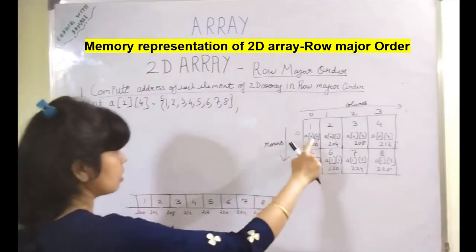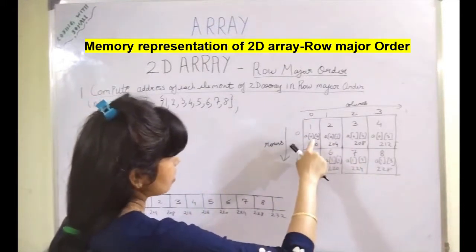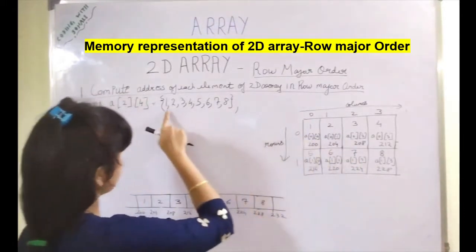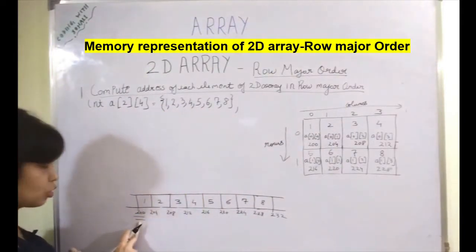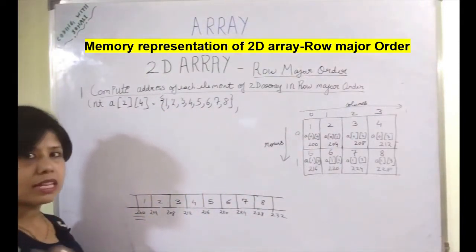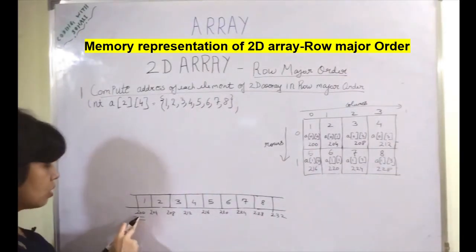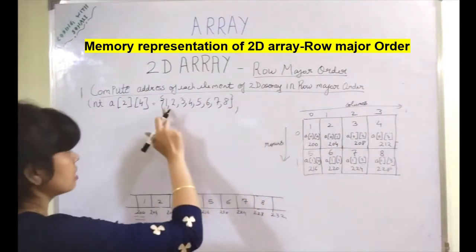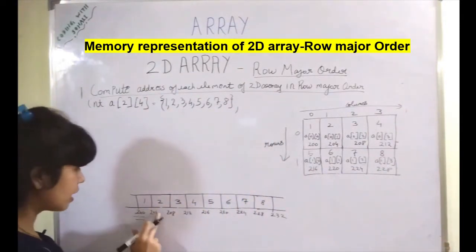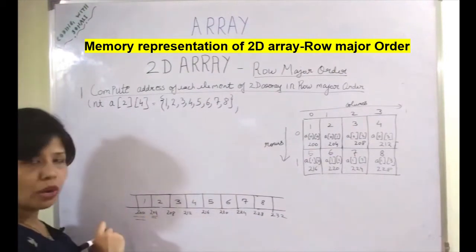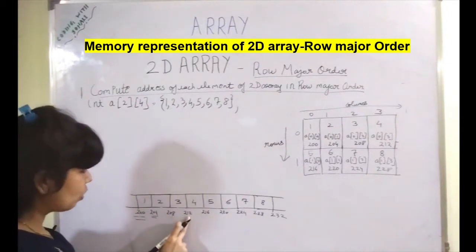This zeroth element of the 2D array, which comes first, is present at the memory address 200. Normally the address is represented in hexadecimal form, but for simplicity I am giving this value. So suppose the zeroth element of this 2D array is present at address 200. The next element will be present at 204, the next at 208, then 212 and so on.